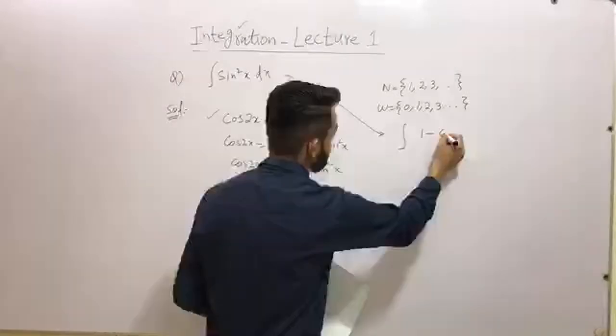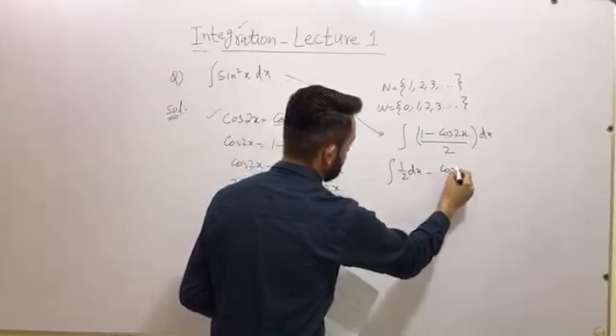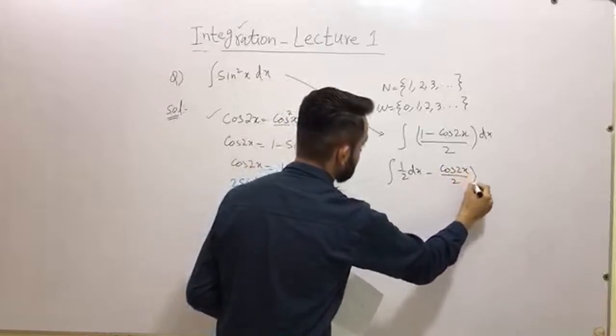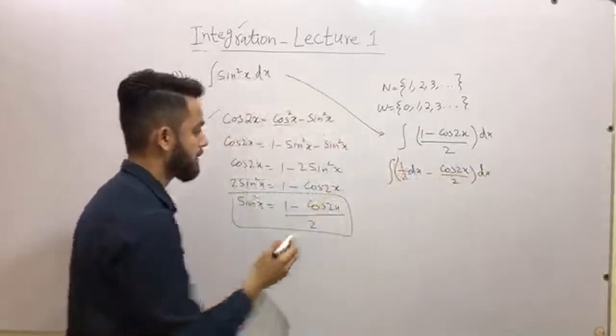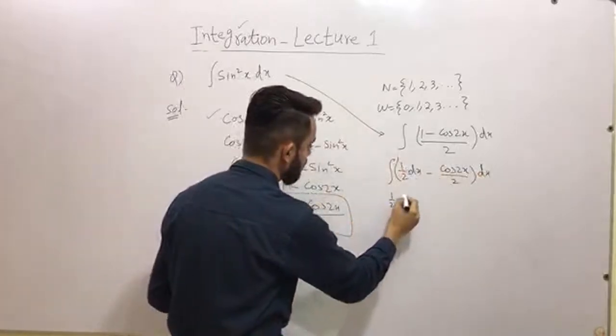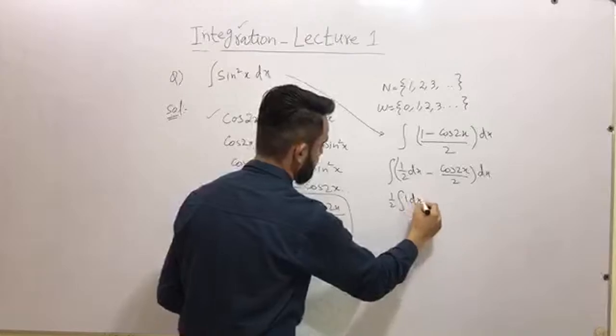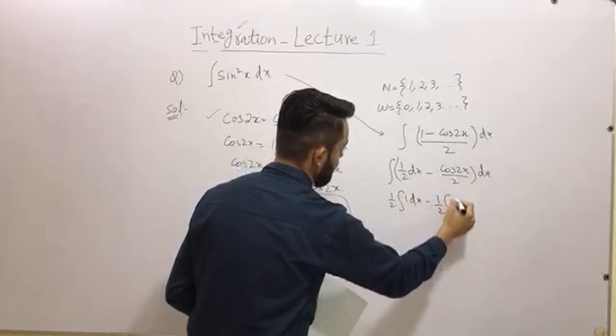Okay, so I have 1 minus cos 2x over 2 dx here, and we are breaking down the numerator. 1 over 2 will be out, we got 1 here, 1 over 2 will be out from here.